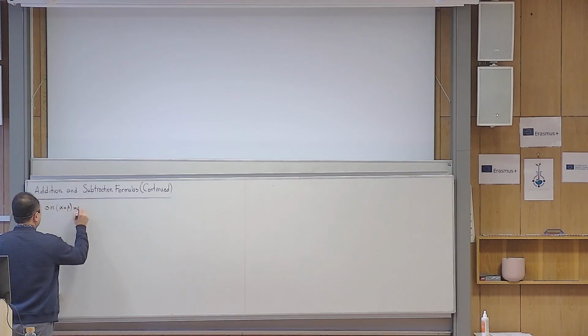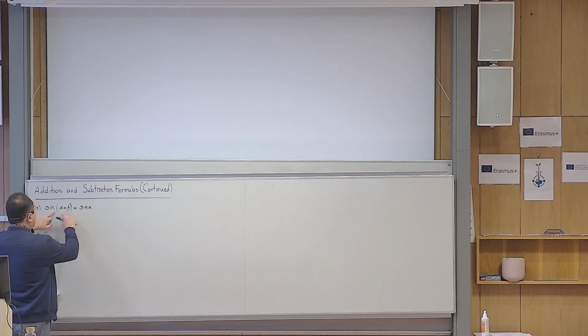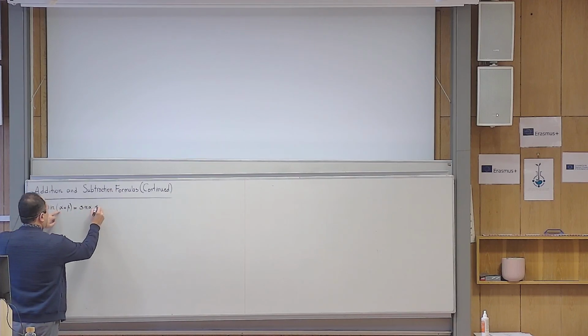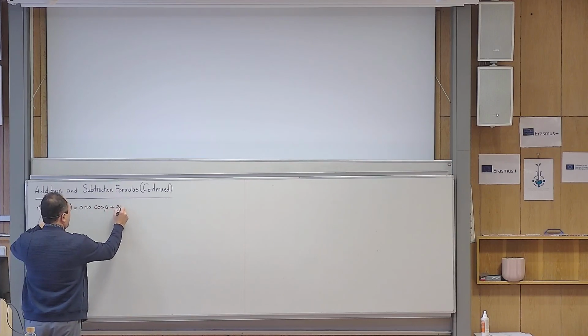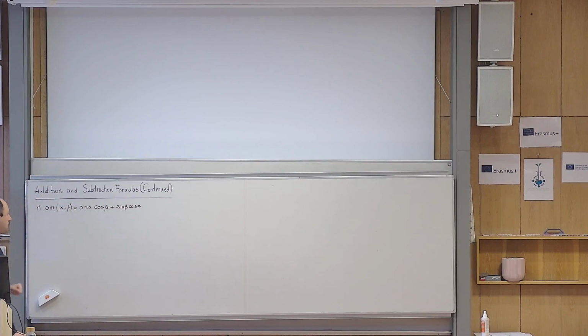This is equal to sine alpha, sine of the first one. If I want to calculate the sine of the sum of 2 angles, then I can write the sine of the first one multiplied by cosine of the second one, plus the other way around, meaning sine of the second one, cosine of the first one. Yes? So that was the formula that we discovered for this combination.